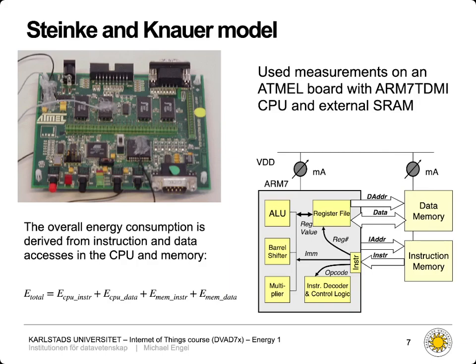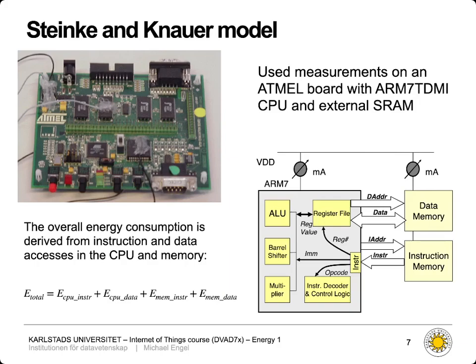And this, compared and contrasted to modern microcontrollers, still has external SRAMs, which makes it very convenient for this sort of application because then we can actually measure the impact of the CPU power consumption and the impact of the RAM power consumption separately. Modern microcontrollers integrate the SRAM onto the chip, so there we don't have separate power supply lines anymore for the SRAM and the CPU. So for modern microcontrollers, we can usually only measure the overall power consumption and not do it separately.